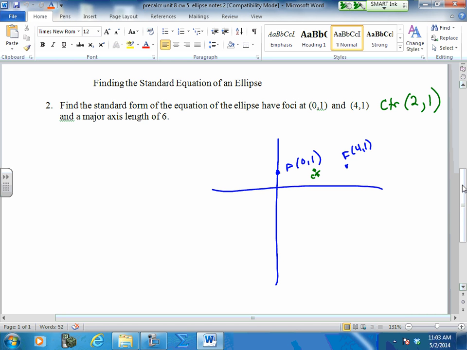Okay? My center, right? Now, is my major axis my x-axis or my y-axis? X, because that's where you have to find your foci. Now, here's another piece of information. The length of this whole axis is 6.